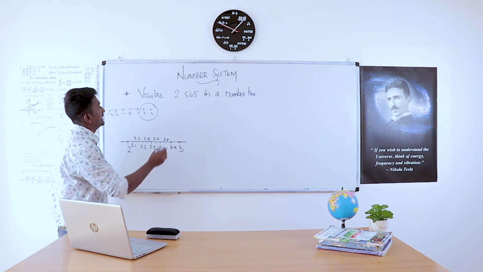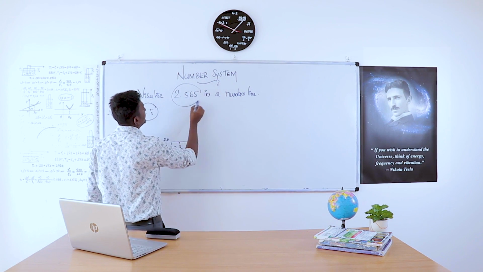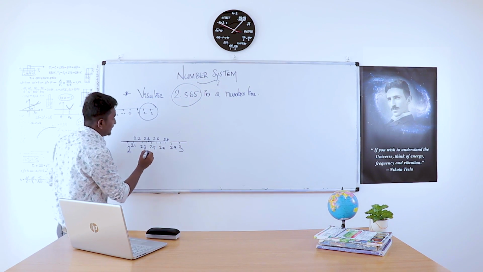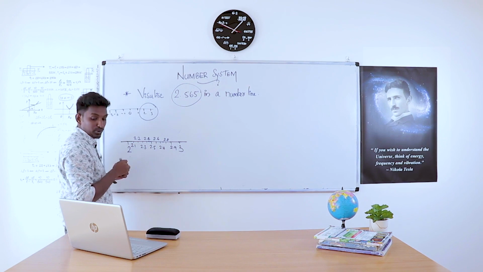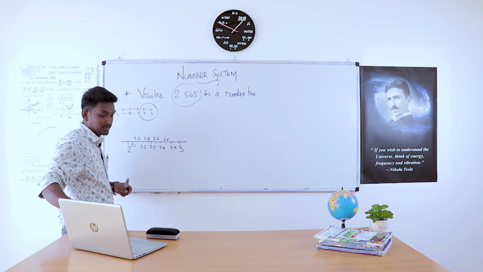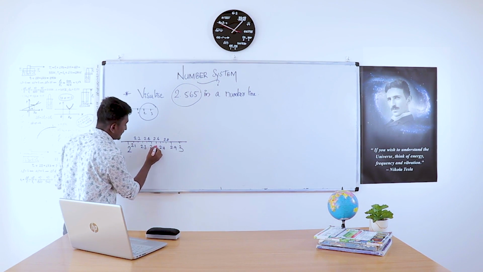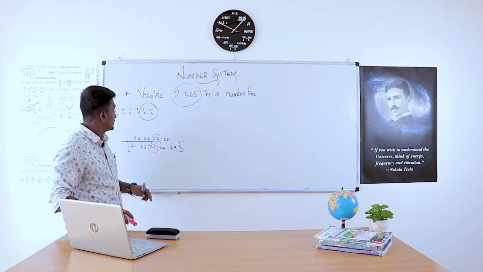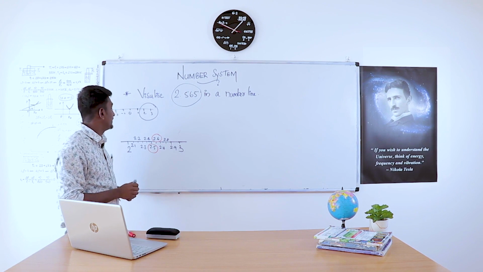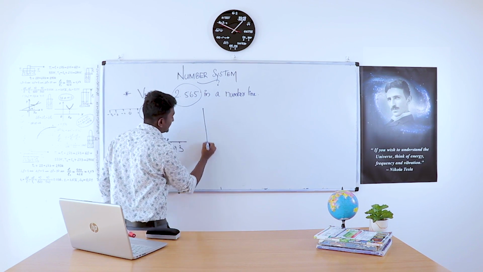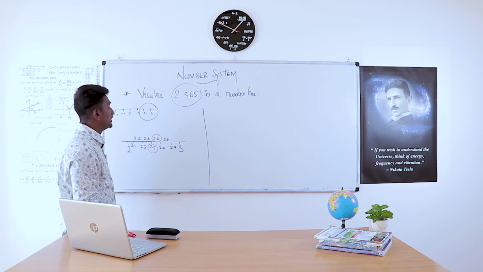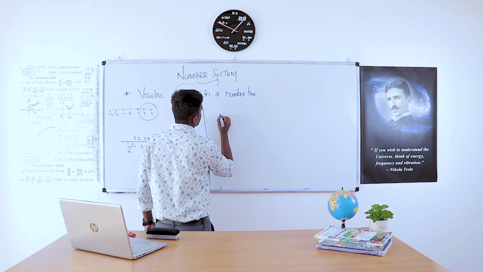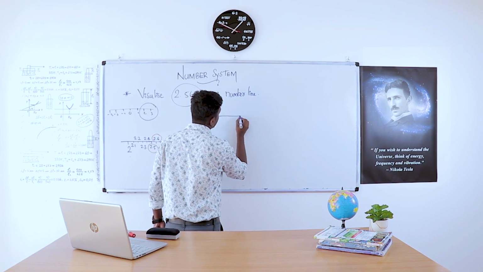Now, which number do we need? It is 2.565. Then we have 2.5 and 2.6 here. Now we need to zoom in on the positions of 2.5 and 2.6 again.